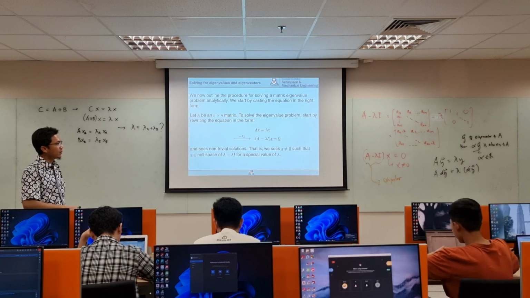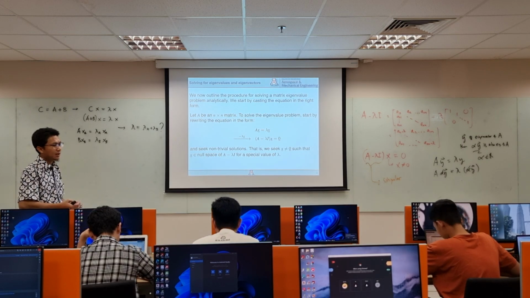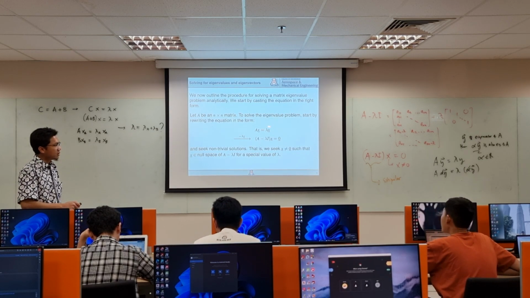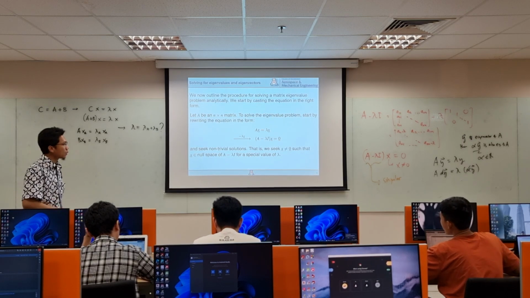Now we will discuss a method for computing the lambda and x. This is the original equation, and then we move lambda x to the left side, so we have A minus lambda I times x equal to 0.